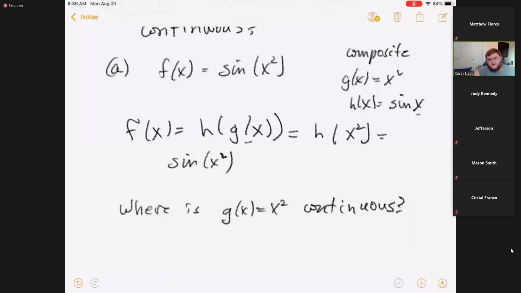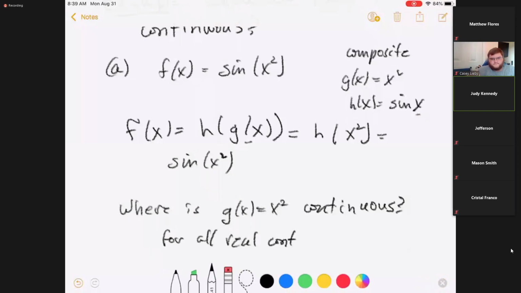Wouldn't it be all real numbers? Yes, it would be, for all real numbers. Thank you, Mr. Levy. I recognize your voice. For all the reals, because it's a polynomial. It's defined everywhere, it's continuous everywhere. So it's for all the reals for g.